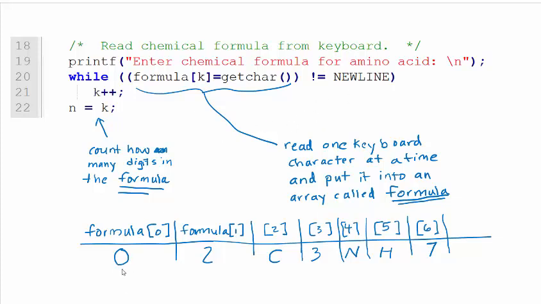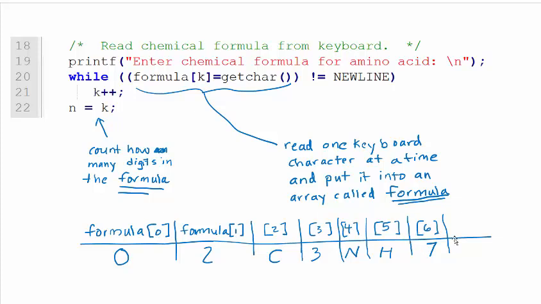So formula element 0 will be an O, formula element 1 will be a 2, element 2 will be a C, element 3 will be a 3, element 4 will be an N, and there are 7 elements in this array called formula, and the subscripts, or the indices, are 0 through 6.